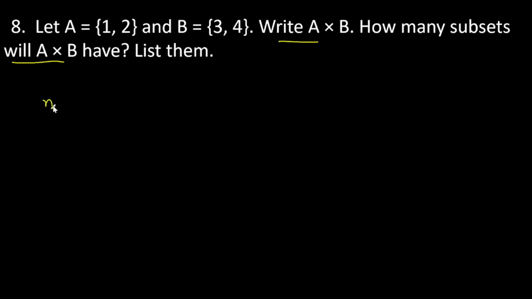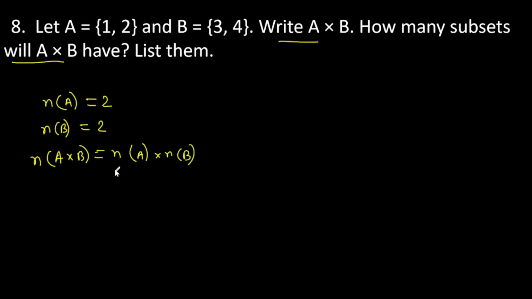So we know n of A, the number of elements in A, is 2. N of B, the number of elements in B, is 2. So the number of elements in A cross B equals n of A into n of B. That is 2 into 2, that is 4.